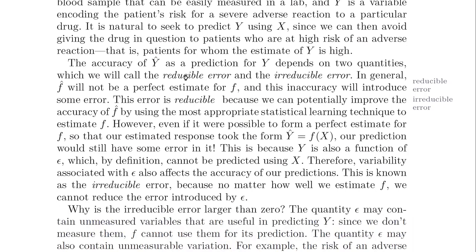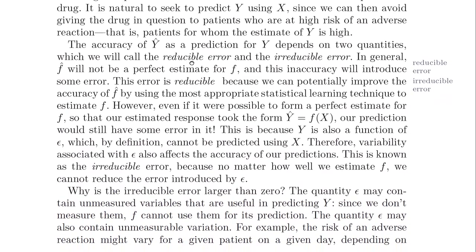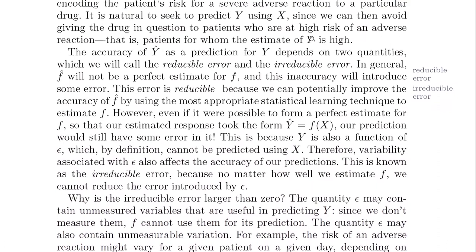It is natural to seek to predict y using x, since we can then avoid giving the drug in question to patients who are at high risk of an adverse reaction. That is, patients for whom the estimate of y is high.